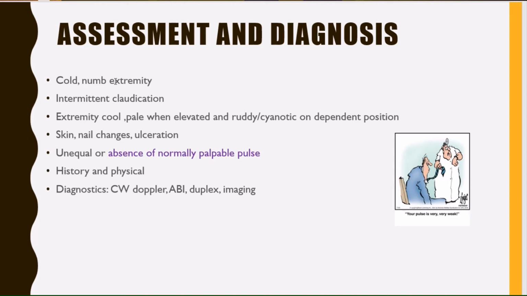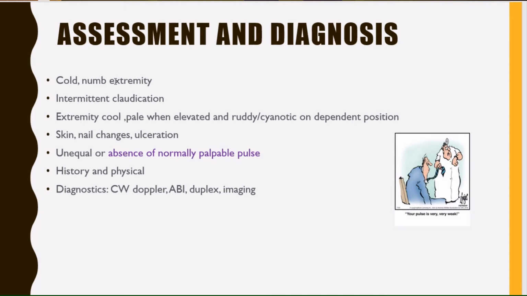Patient may have intermittent claudication, like the pain, the cool temperature, pale, the extremity turns pale when you elevate it, and kind of reddish color in the dependent position.